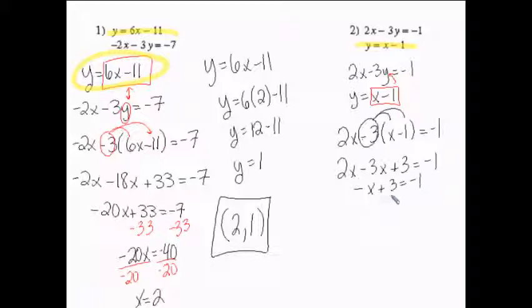Subtract 3 from both sides. And negative x is equal to negative 4, but I don't want to know what negative x is. I want to know what real x is, and so I change both signs. So x is 4.